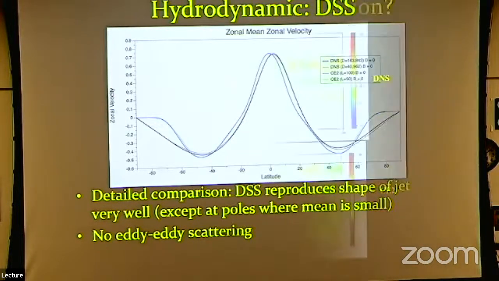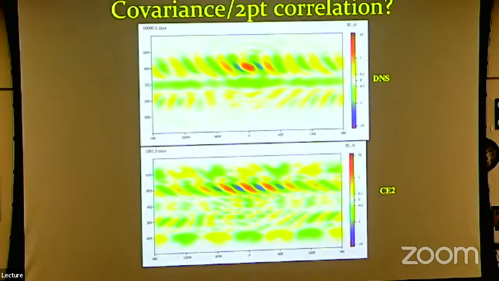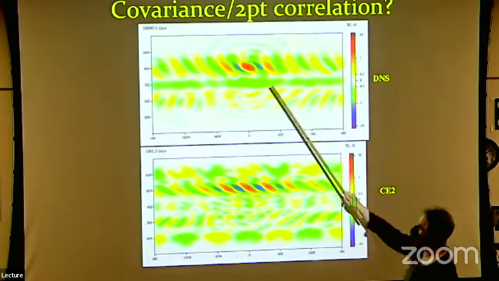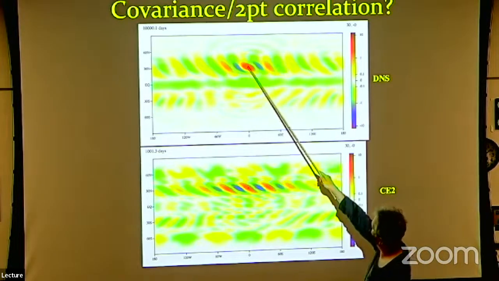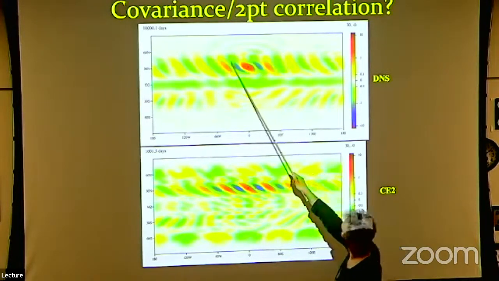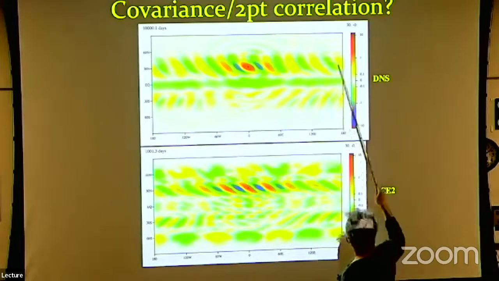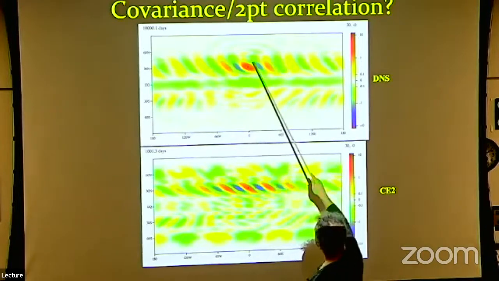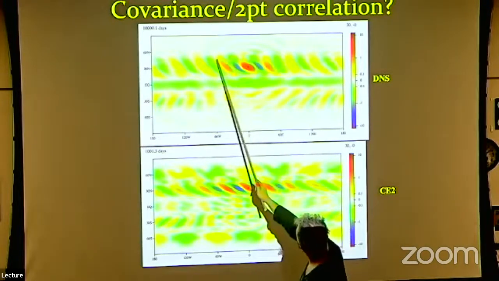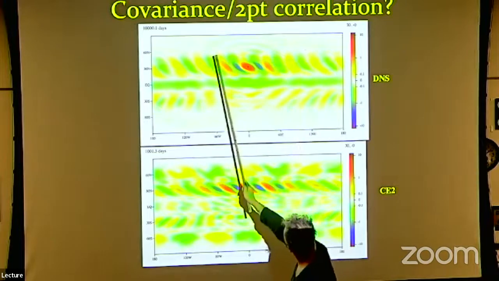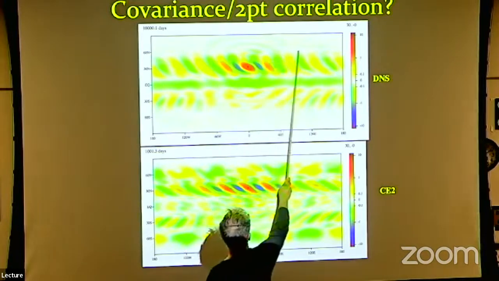And how well does it do getting the 2-point correlation functions? Well, not too bad. If you look at how well you can calculate this from DNS, you look at the correlation function here, and there's this wave-like form. This is a signature of Rossby waves. It's quite localized, meaning you only really have power up to here.